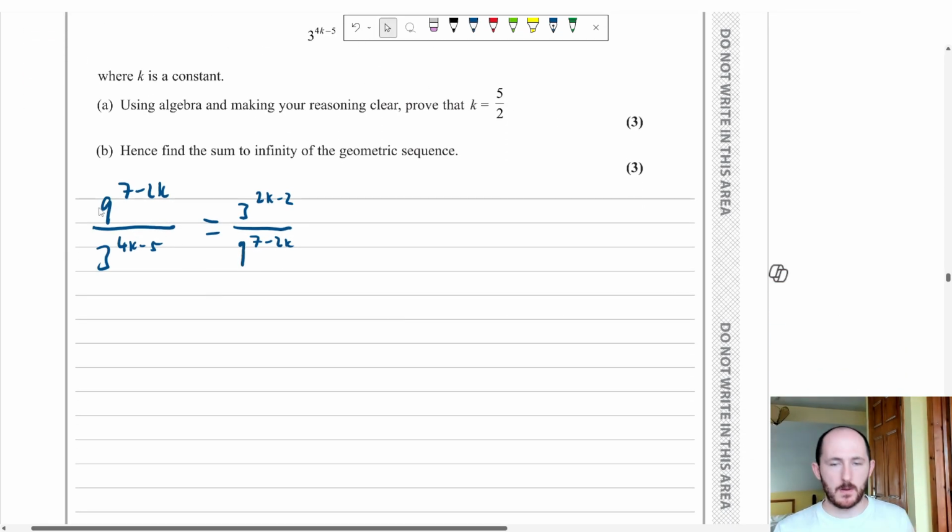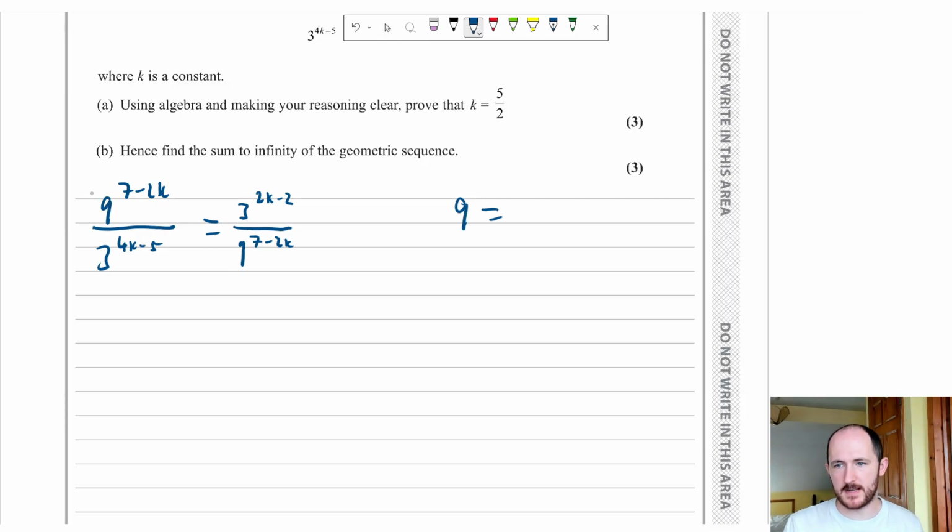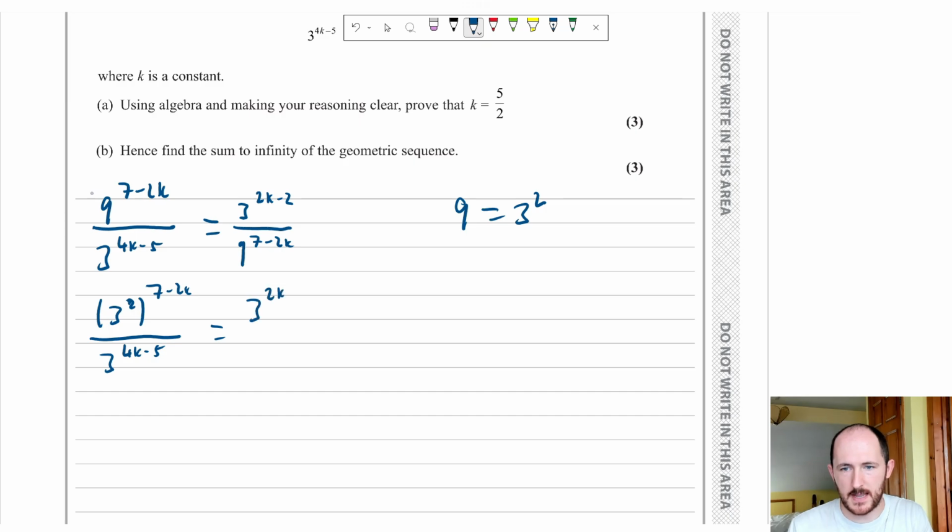Okay, so I need to make all the bases the same. 9 is the same as writing 3 squared. So if I put that in, we get 3 squared to the power of 7 minus 2k over 3 to the 4k minus 5 equals 3 to the 2k minus 2 over 3 squared to the 7 minus 2k.